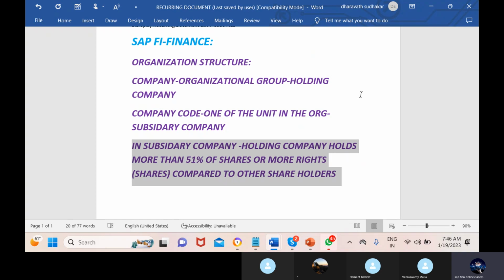Then why do we want to know this? Actually, guys, in the subsidiary company, the holding company is investing money.